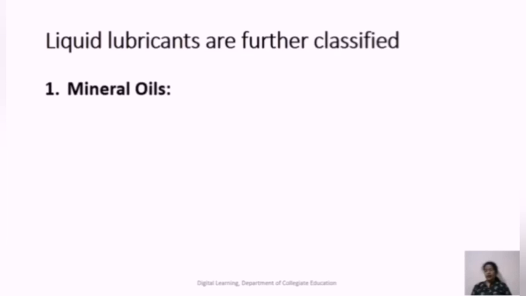These mineral oils, lubricant oils, are obtained by fractional distillation of petroleum at a temperature of about 400 degrees centigrade. They are cheap and available in abundance.